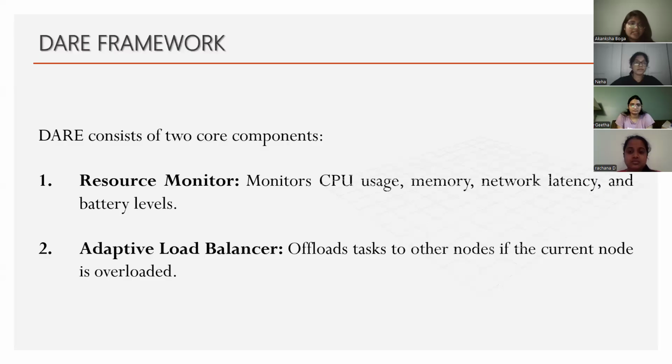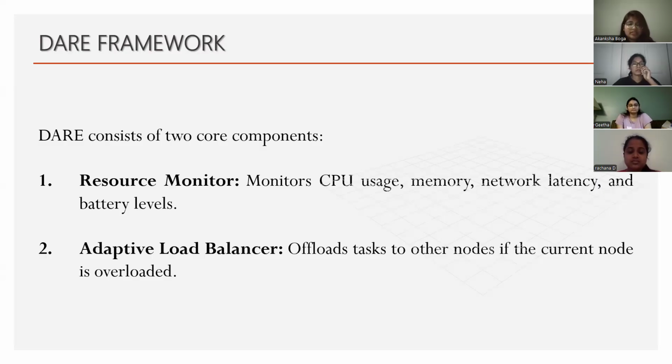Moving on to the next slide, which is the DARE framework. DARE consists of two components. One is the resource monitor and the second one is the adaptive load balancer. Coming to the resource monitor, this module monitors critical resource metrics like CPU usage, memory load, network latency, and battery levels.